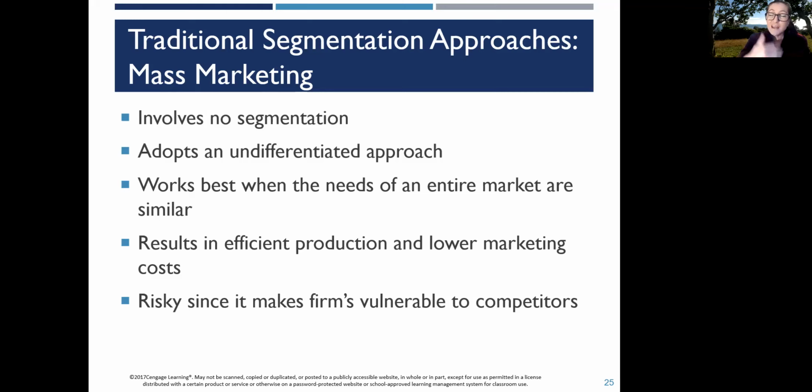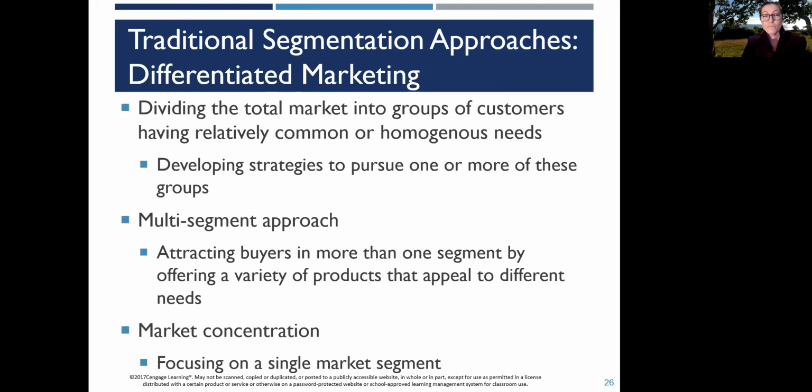The Ford sedans are designed and marketed for a specific set of consumers. The Ford hybrid models, the smaller Ford products are marketed to specific segments of the marketplace. So this is a differentiated approach, right?